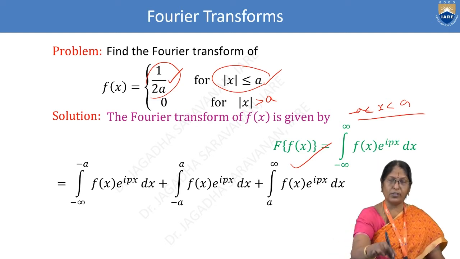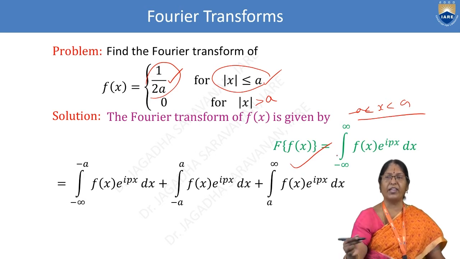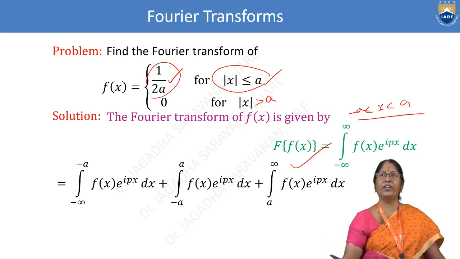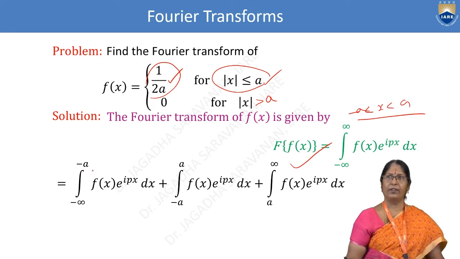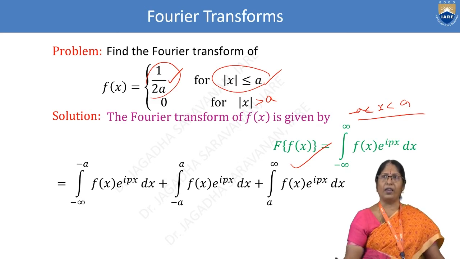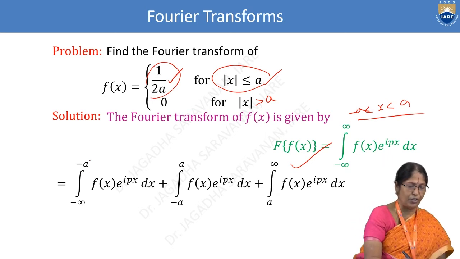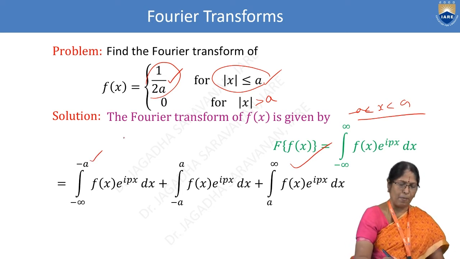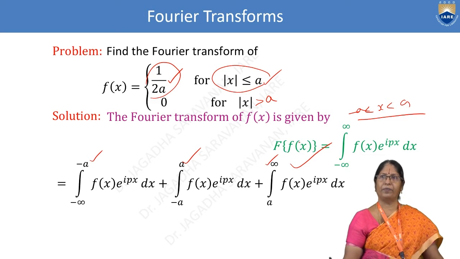To fit this, we have to modify our integral from minus infinity to infinity. How to modify? We insert minus a and a, so it becomes minus infinity to minus a, minus a to a, and a to infinity.